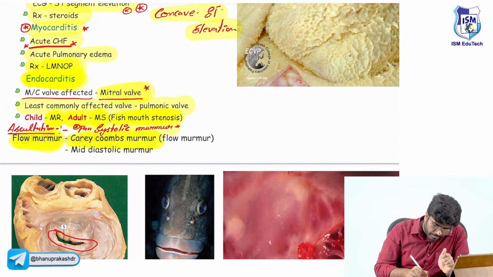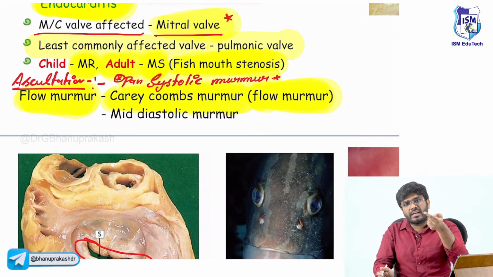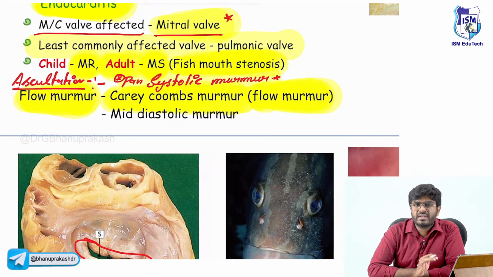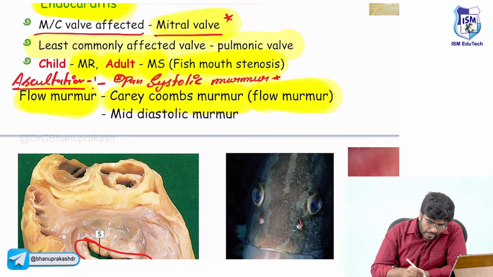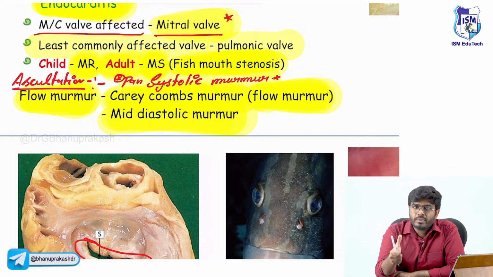The Carey-Coombs murmur is a flow murmur because of the flow of that extra blood from the left atria into the left ventricle. Put it this way, in a simple way. It's seen during diastole, so it's a mid-diastolic murmur. So there is a pan-systolic murmur because of the mitral regurgitation and the backflow of blood, and there is also the Carey-Coombs murmur, which is a mid-diastolic murmur.